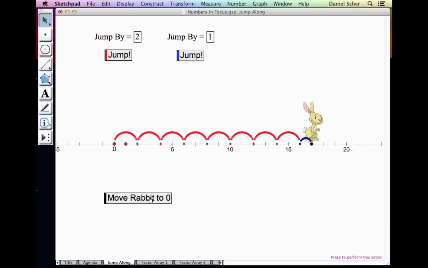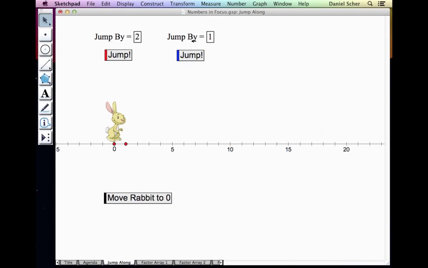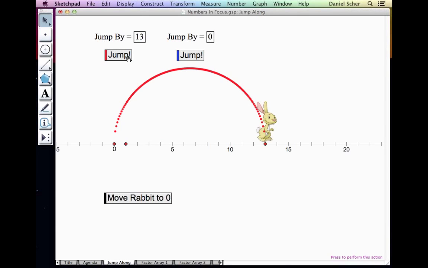Well, one idea that came up in one class was to set this value of jump by equal to minus 12. And let's think about that and see what happens. So we're at 13 right now, and if we jump by minus 12, let's see, that takes us back to 1.